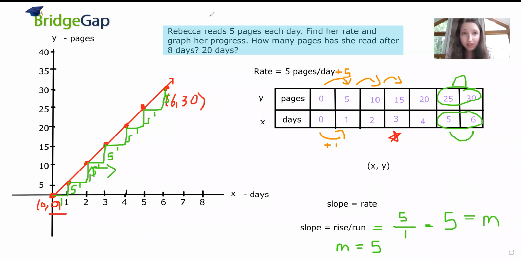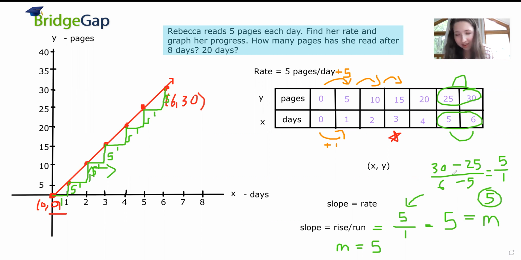We could find the difference, right? So we could do 30 minus 25, the rise over the run, our x, which is 6 minus 5. And of course, we would get the same thing as down here. 30 minus 25 is 5. 6 minus 5 is 1. 5 over 1 is the fraction. 5 over 1 is 5. Or 5 divided by 1 is 5. That's another way to find the slope. It's essentially just finding the rate of the scenario.